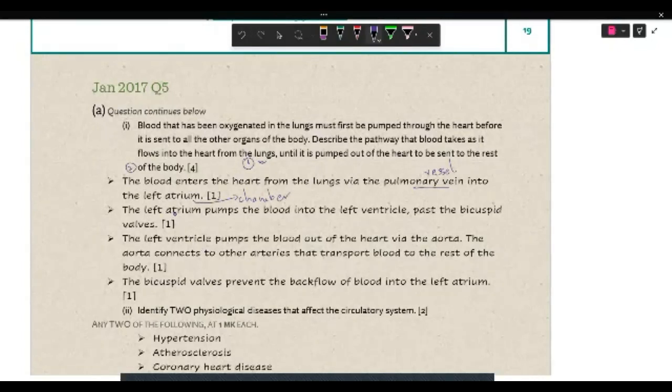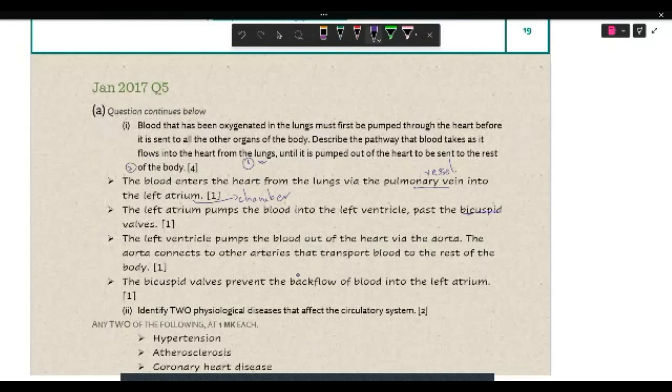Then the left atrium is going to pump that blood into the left ventricle past the bicuspid valve. This should be your tricuspid, right? And then the left ventricle pumps the blood out of the heart via the aorta. The aorta connects to other arteries that transport blood to the body, and the valves prevent backflow into the left atrium, right? And that's basically it.